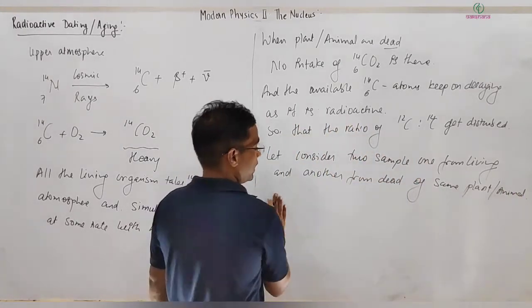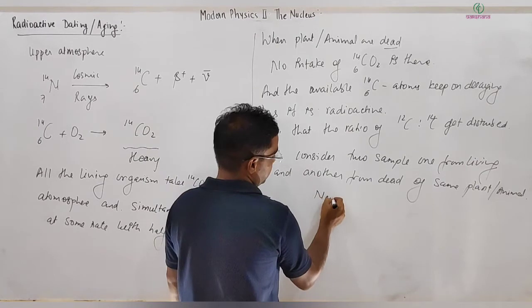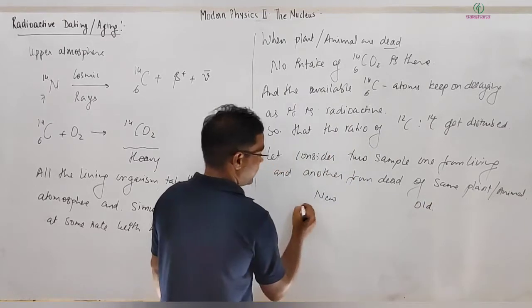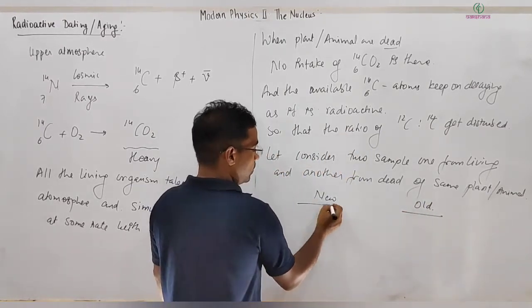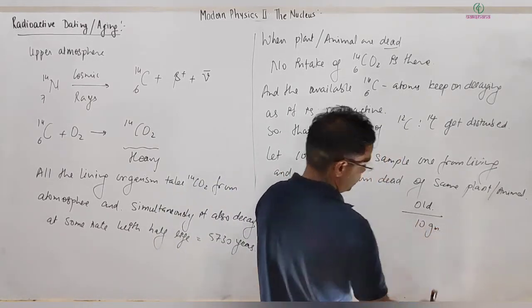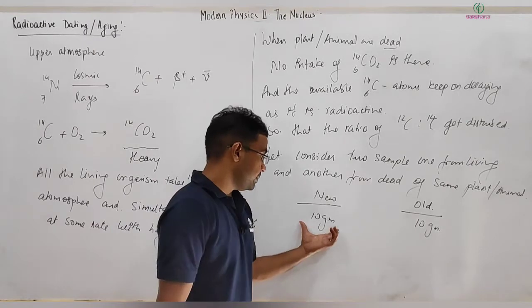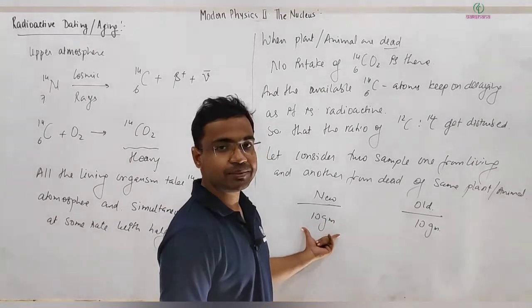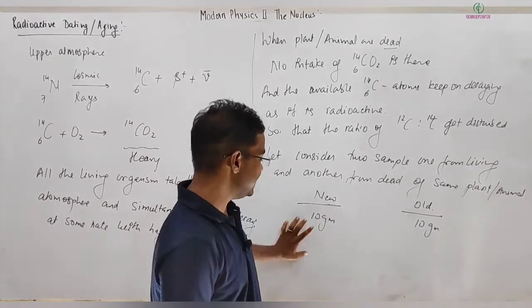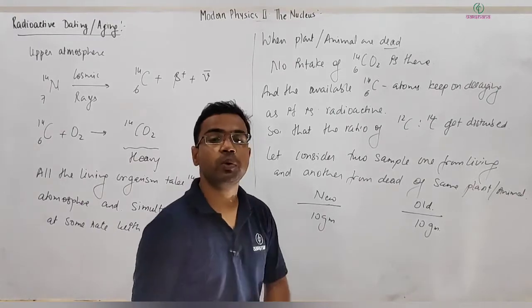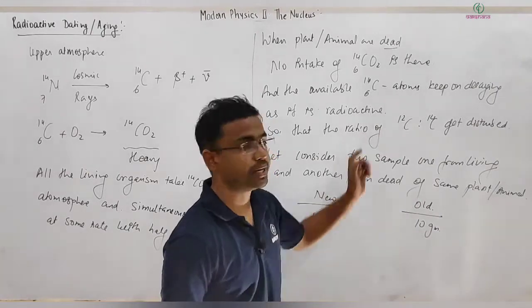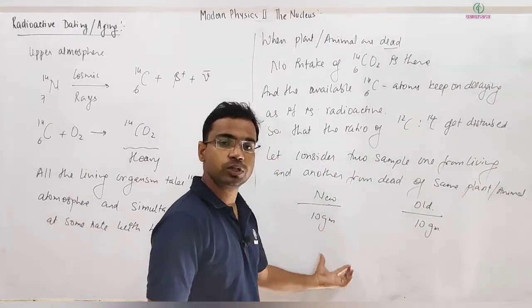Let's say I am taking 10 grams of each, and I am writing new and old sample. I took 10 gram new sample, and I also take a 10 gram old sample. As this 10 gram sample is made mostly of carbon, I can get the total number of carbon, and once we have the total number of carbon, we can get the number of carbon 14 atoms using this ratio, because this is the new living one, so this ratio will be constant.